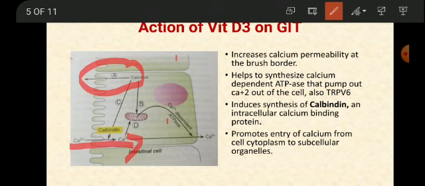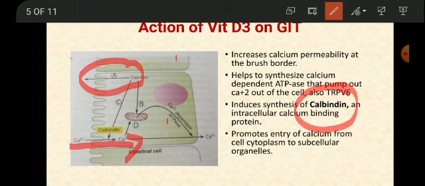In order to maintain a constant concentration gradient across the brush border of the intestinal epithelial cells, the intracellular free calcium level must be kept low. This is ensured by binding of intracellular free calcium with a calcium binding protein named calbindin.